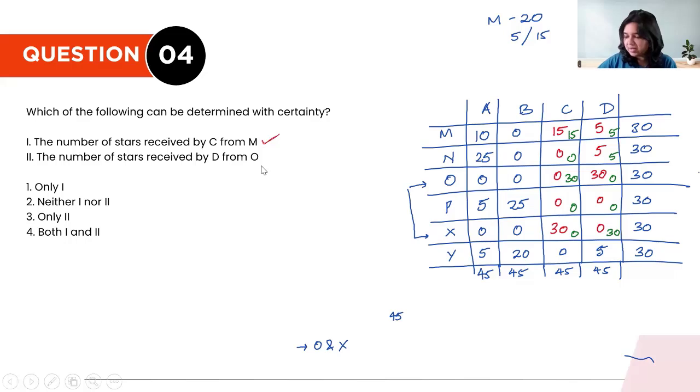But D from O, I can't really place my money on this answer. It could either be a 30 or it could be a 0. So I can't certainly say that D has got a certain amount from O. So my answer is going to be only one can be determined with certainty with the given information at hand.